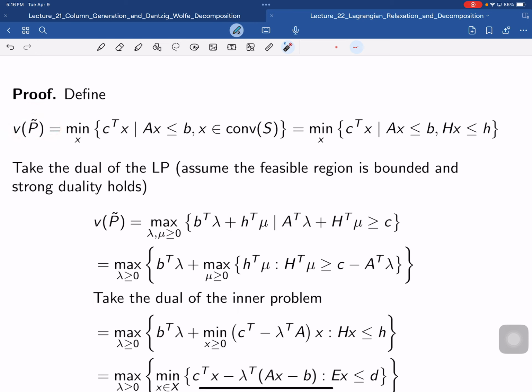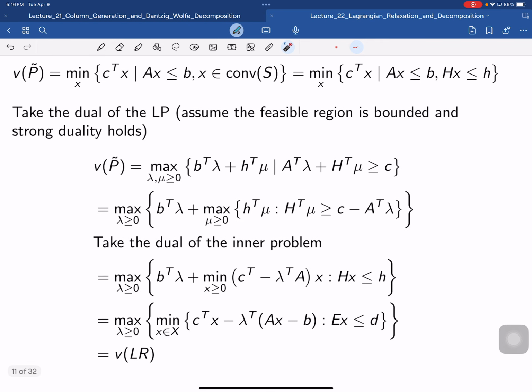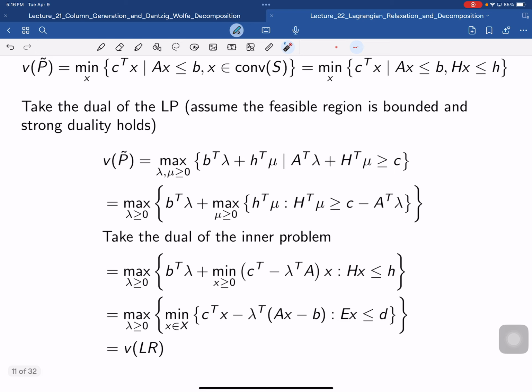The way you do it is you first take the dual of this linear programming problem. This is essentially a linear programming problem, and I'm relatively confident you are comfortable taking the dual now. So the dual of this min problem will become a max problem. Then you can separate the Lagrangian multiplier lambda and mu, which is the other dual variable, since you are maximizing them.